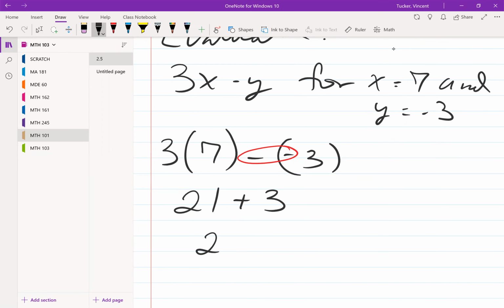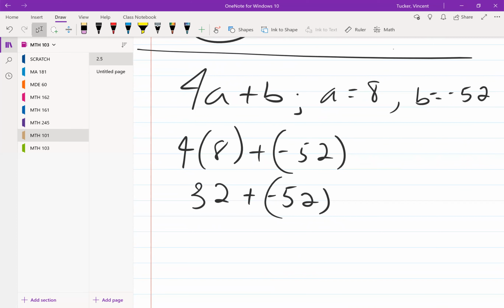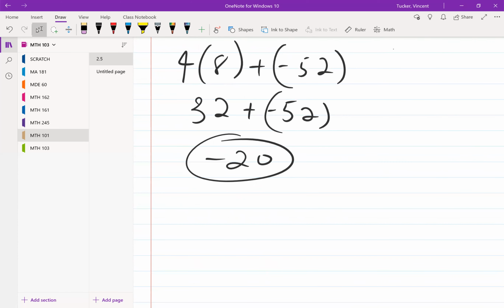So that's 4 times 8, which is 32, plus -52. And that answer would be -20. So just make sure you plug in accordingly and then use your order of operations.